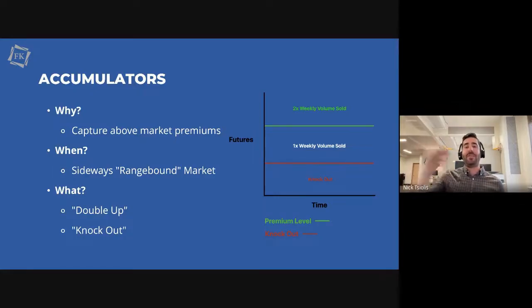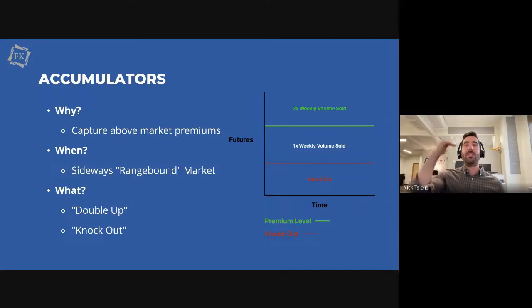And on week 51, maybe the market rallies up and it closes a Friday at above your double up level, which is $11, at $11.10. For that week, instead of selling one time the bushels, which is 1,000 bushels, you will sell 2,000 bushels in that example.